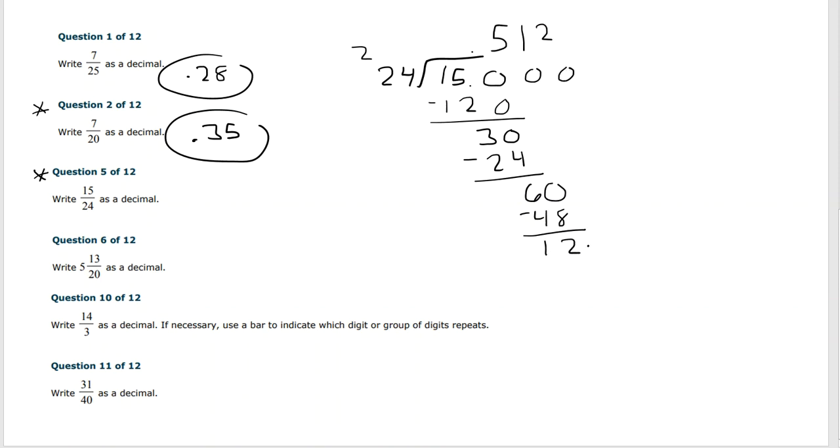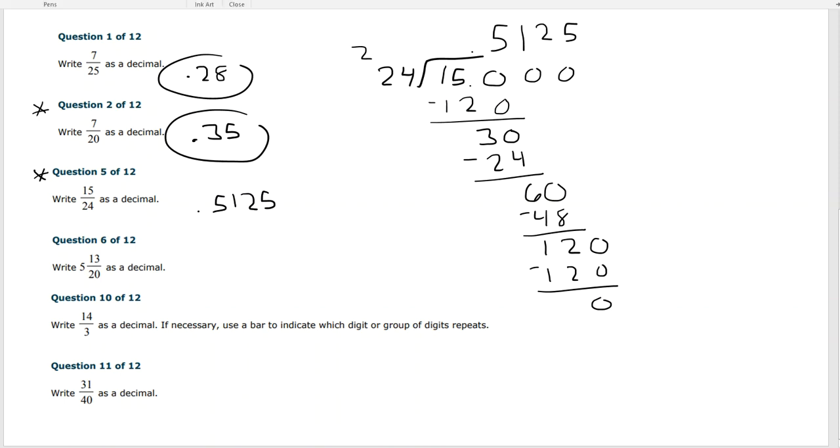Add a 0, bring a 0 down, and then 24 fits into 120 5 times. 5 times 24 is 120. We subtract, we end up with 0, so we are done. We know that 15/24 as a decimal is 0.5125.